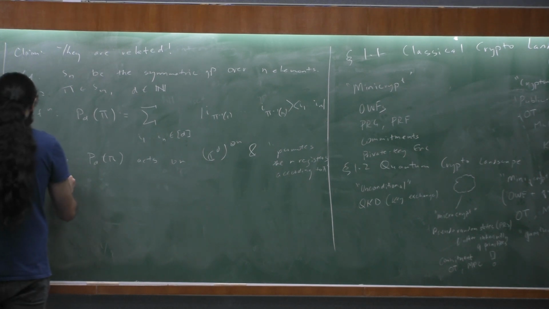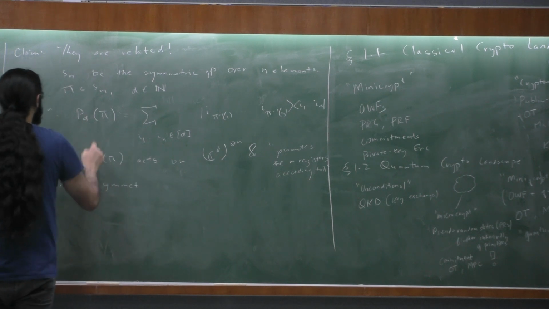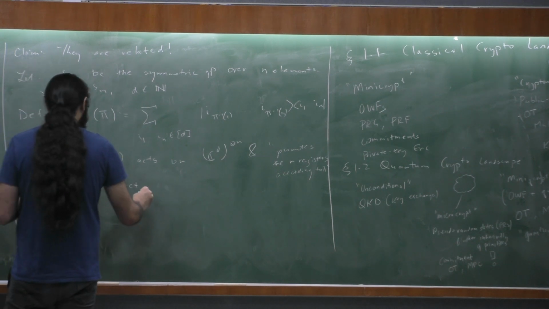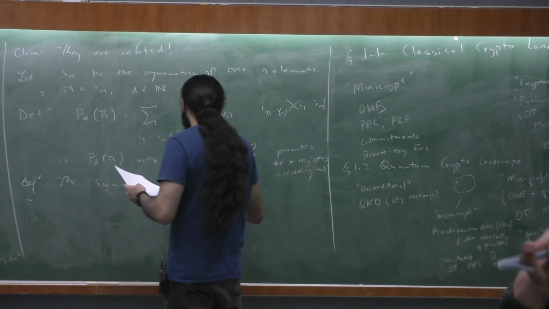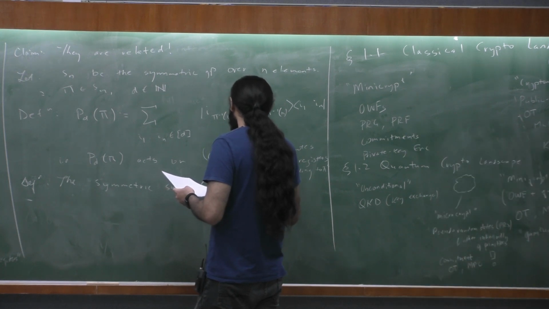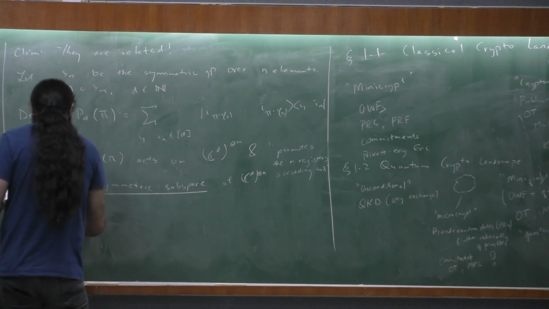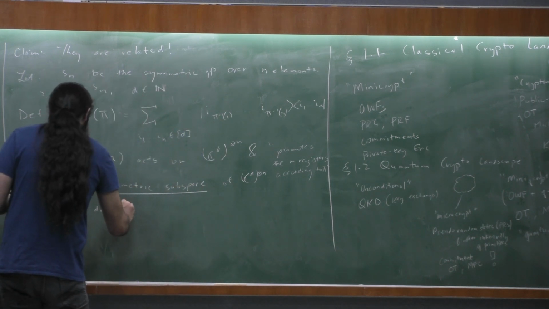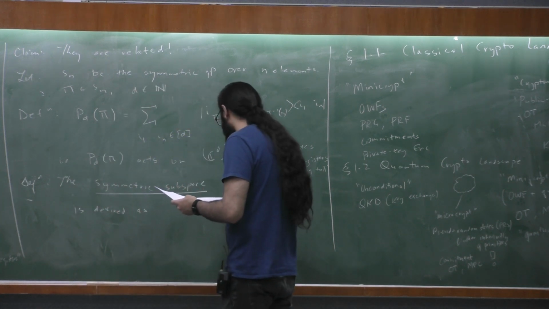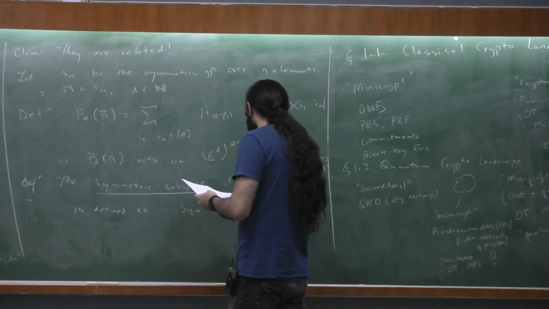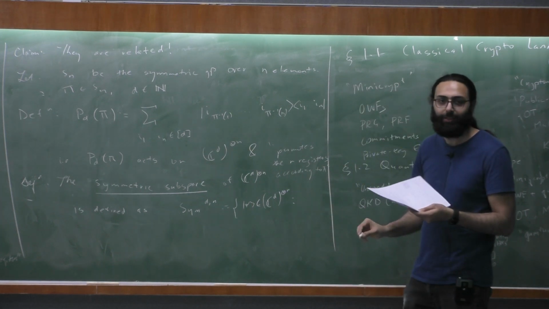Okay, so now the definition is for the symmetric subspace, right? We've given the definition of P_d. Using this, we can define the symmetric subspace, which is in fact a subspace of the vector space C^d tensor n. I guess it's indeed looking at pure states. So this is defined as Sym(d, n), the set of psi in C^d tensor n such that, what do you think it should be?